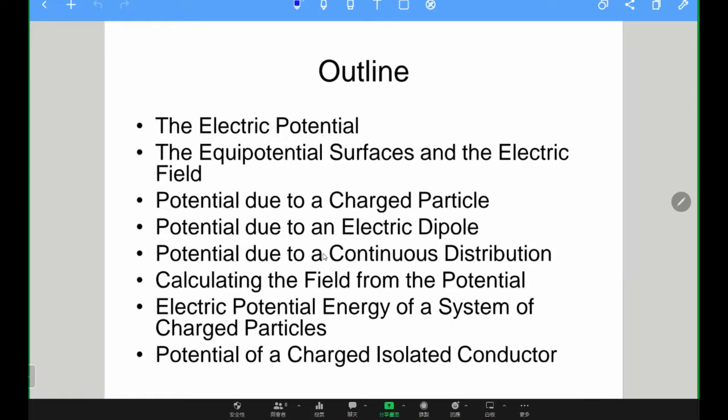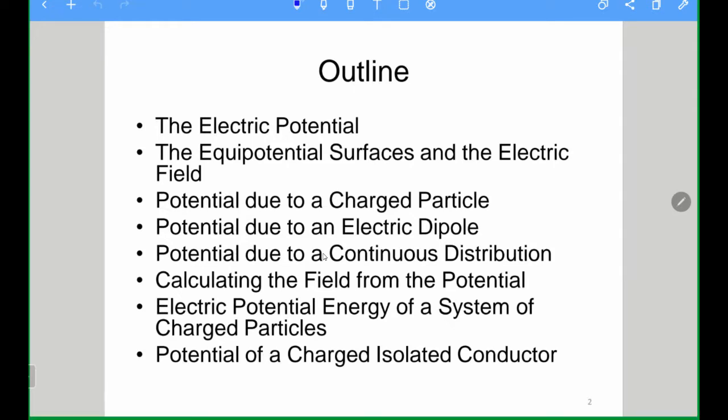Okay, so this is the outline for chapter 24. So we first will introduce the last most important variable for electrostatics, which is called electric potential, or in circuit theory we will call it voltage.